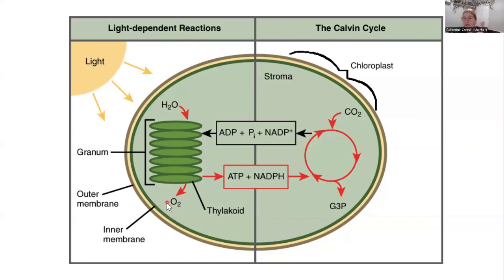We don't need it right now, so we're just going to breathe it out, and it will help everyone else that needs to breathe oxygen. And we are going to take those hydrogens and those electrons, and we are going to use them in an electron transport chain again, and we're going to use ATP synthase again. And in the process, we are going to create energy molecules, ATP and NADPH. This one has a P, so not NADH.